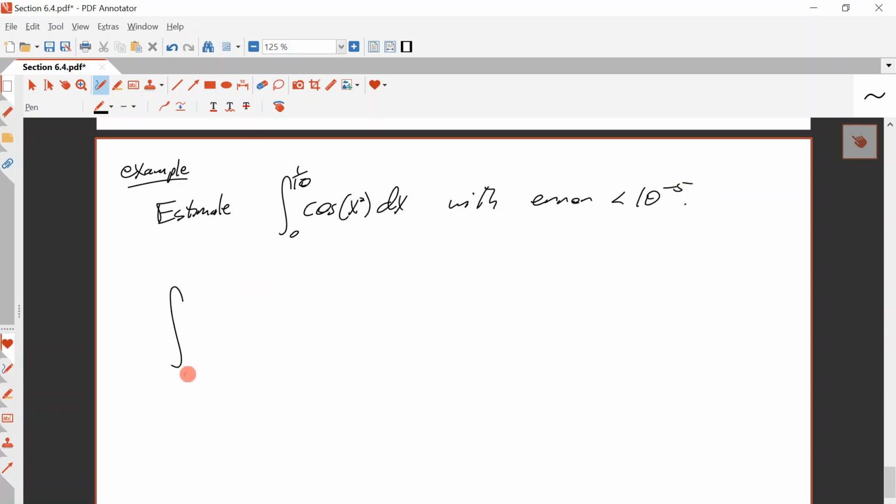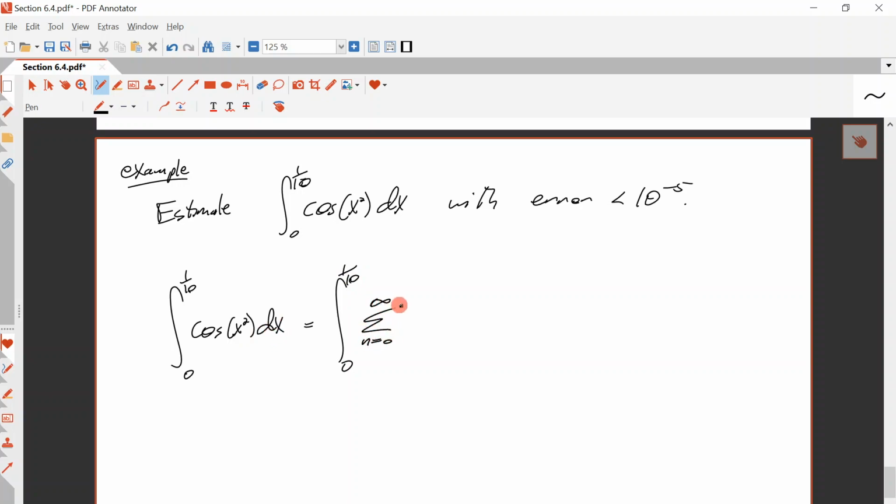The integral from 0 to 1/10 of cosine x squared is equal to the integral from 0 to 1/10. Well, we found the power series representation for this.